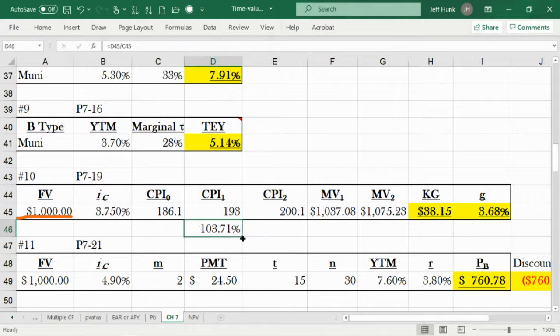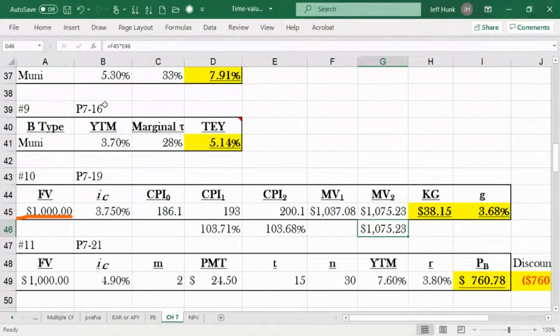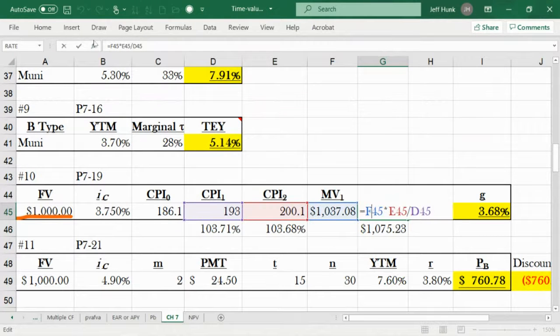I'll drag it here, and there is 3.68% inflation between year one and year two, or during year two, right? And then I can simply multiply this by this. And that's what I did.